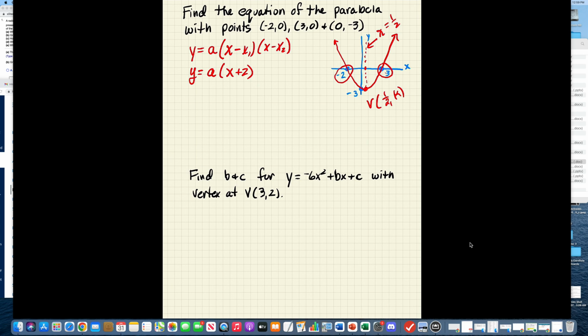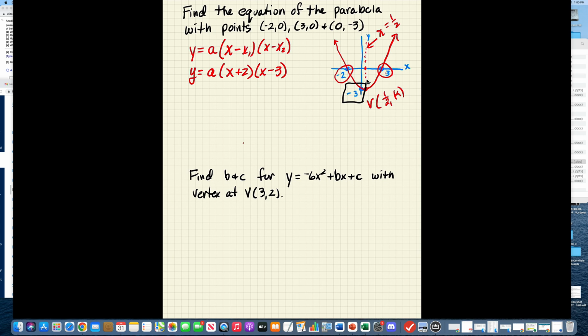My second x-intercept is at 3, so x minus 3. And now what we need to do is find the a value. Well, to find our a value is going to be based on our other point here, the y-intercept.